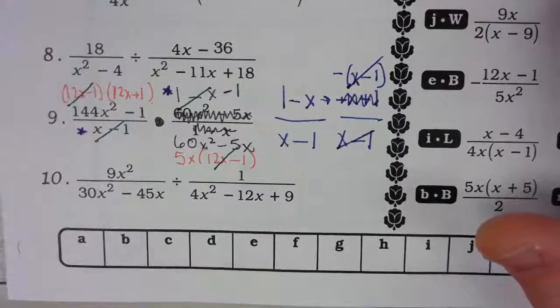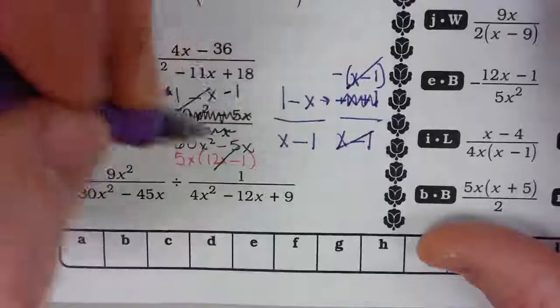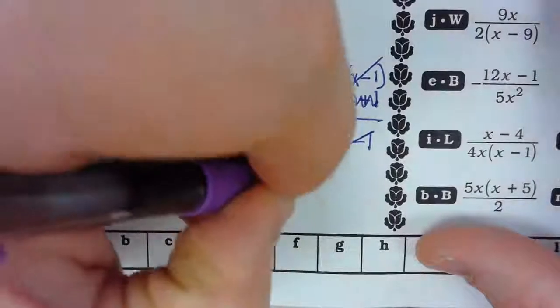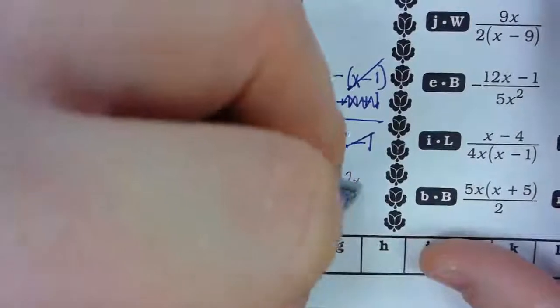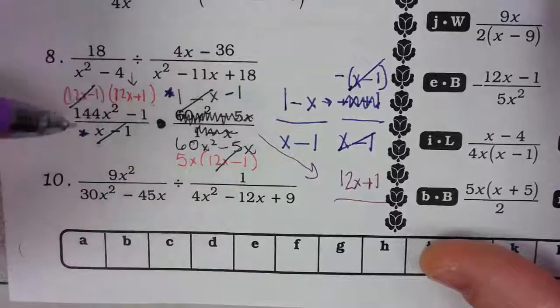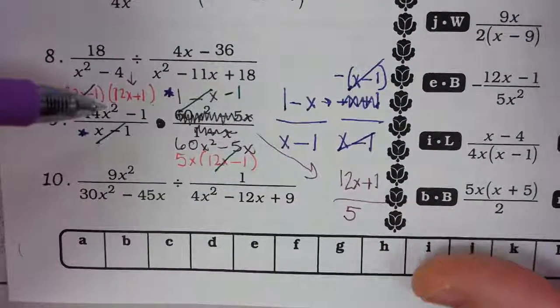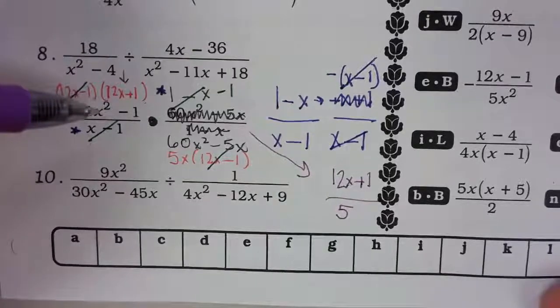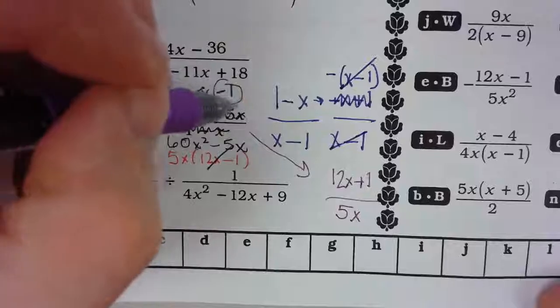So the way that this is going to reduce, I want to think about this here. I'm going to write this down here in this bottom section: I have a 12x plus 1 on top, I have a 5x on bottom. But the other thing I have is this negative sign.